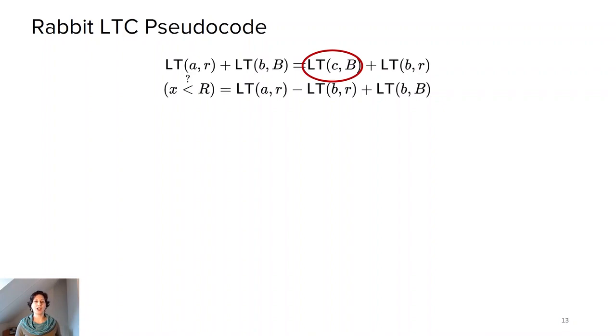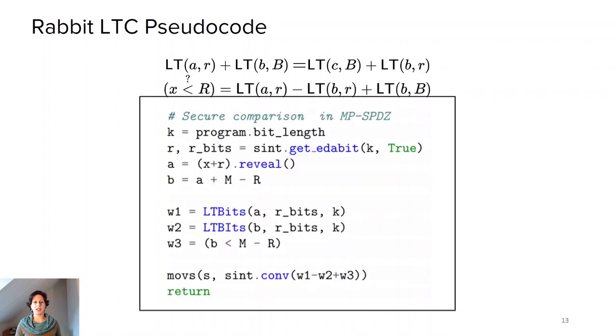Now let's see how the LTC protocol performs these operations. As Samir promised you, it's a protocol very easy to implement, and you can see on the slide it is just a couple of lines of pseudocode.